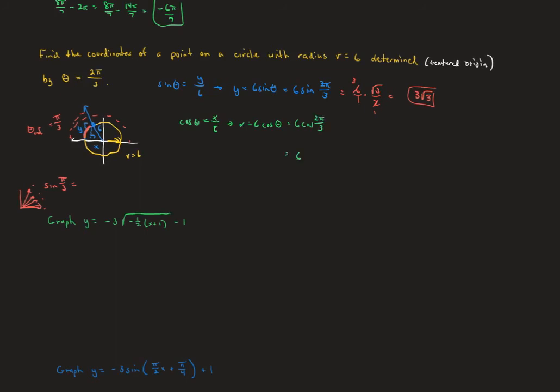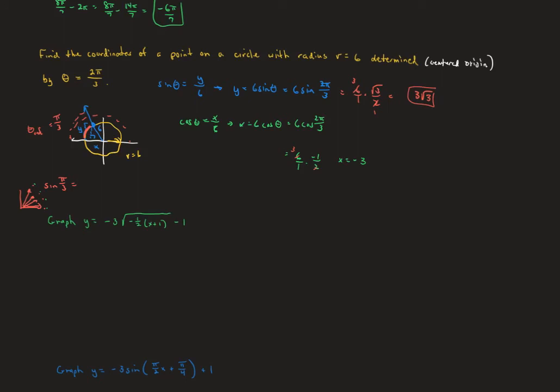So that's going to be 6 times, now the cosine of 2 pi over 3, same reasoning, our reference angle is pi over 3 in quadrant 1. Cosine starts big, so we're going to go 1, square root of 3 over 2, square root of 2 over 2, 1/2. And in quadrant 2, cosine is negative, and so that is going to give us a negative 3. So the x is going to be a negative 3.